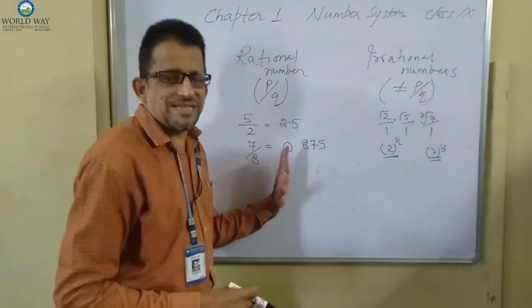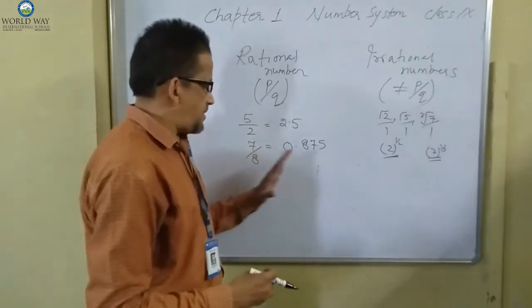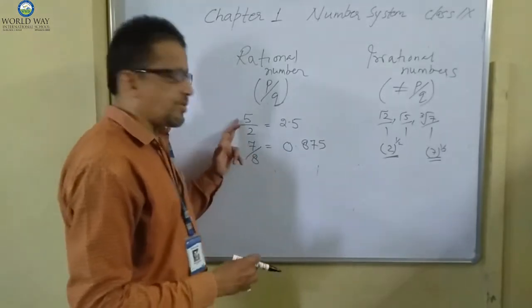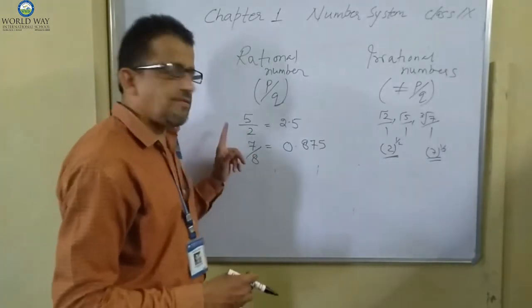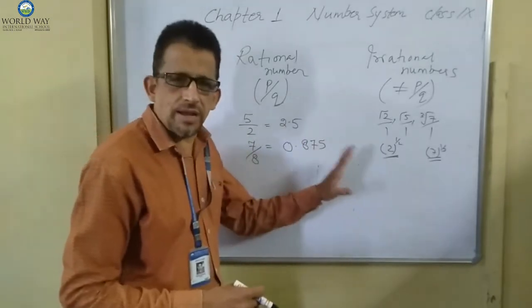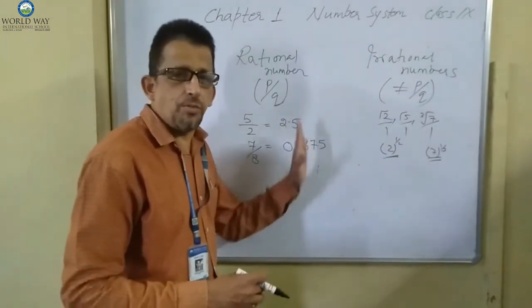After certain steps, the remainder is 0. We get remainder 0 in both decimal expansions. When you divide 5 by 2, after a few steps the remainder becomes 0, so we get a finite number of decimal places, 2.5.